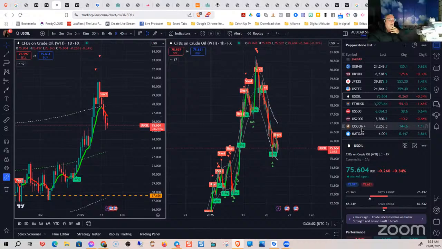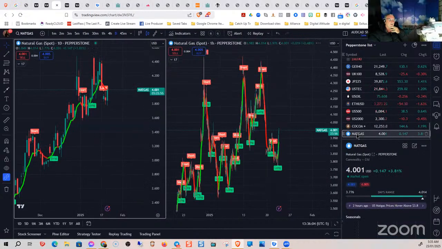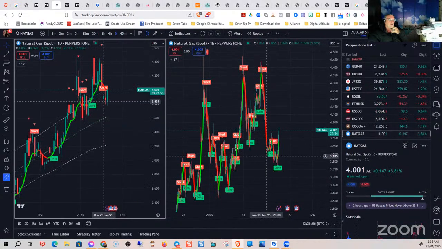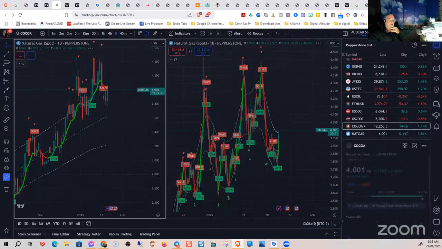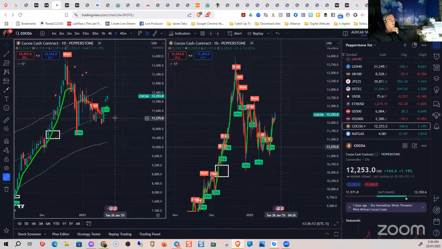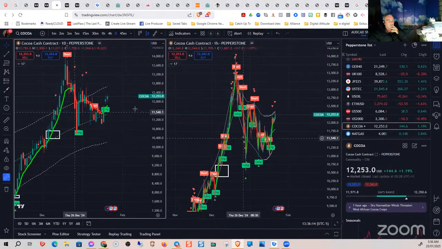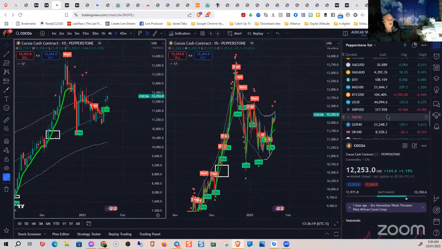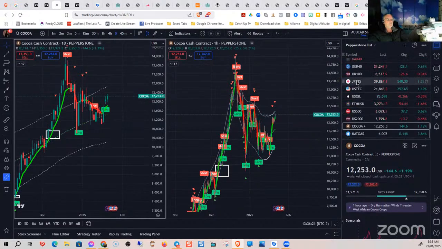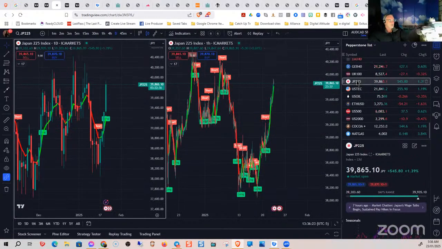All right, that price is back down. Natural gas as well, that's come off a bit. Oh, it's pushed up just today. And the cocoa's gone back up again too. There's a fair jump in that and a bit of a gap in the market there. Was the Japanese? Yeah, look at that.